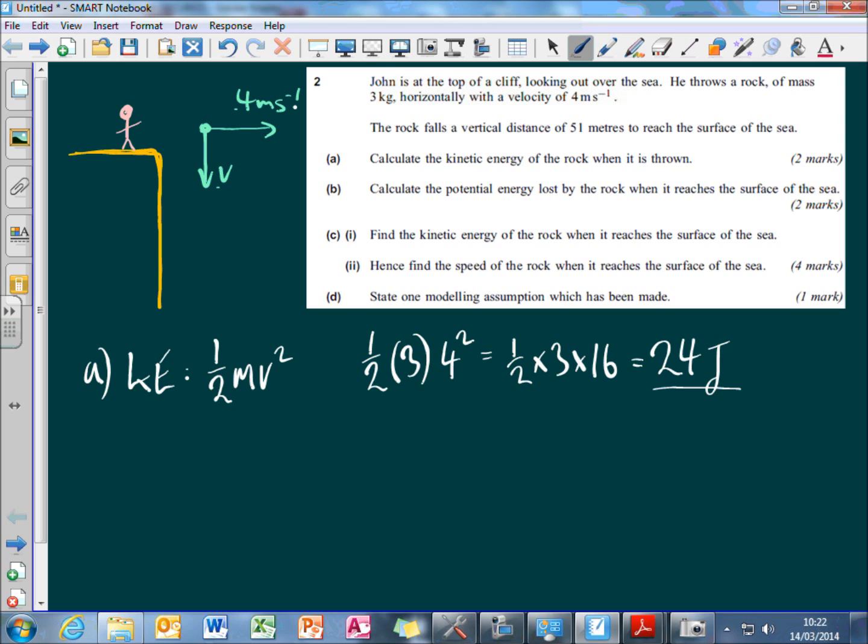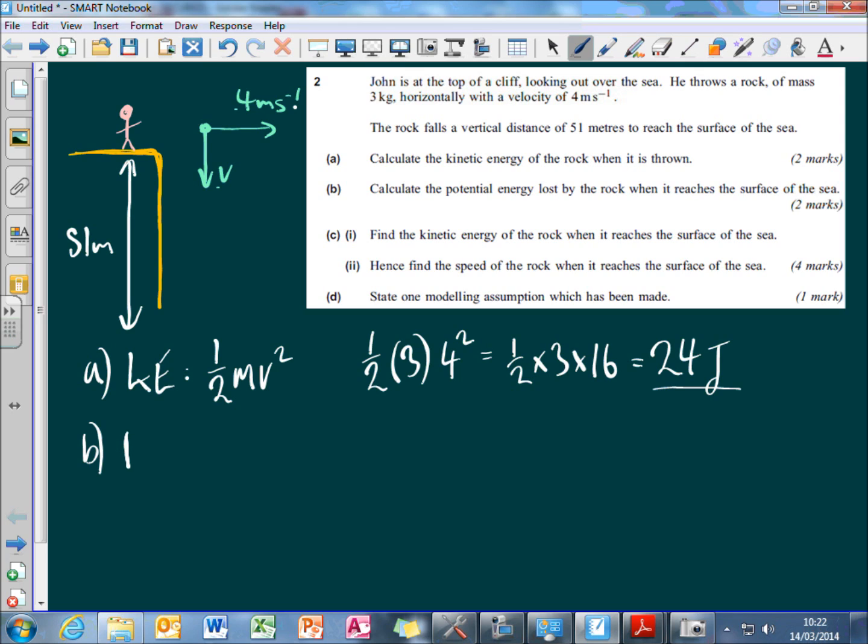Now, after it's been thrown, the height of this cliff is what? Where did it say? 51 meters. Okay, so this stone is going to fall 51 meters. It says for part B, calculate the potential energy lost by the rock when it reaches the surface of the sea.